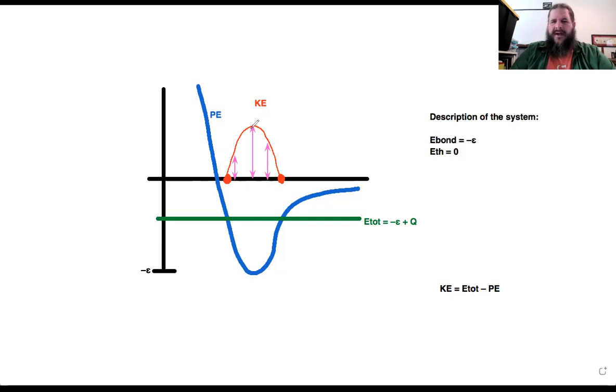And what would be the actual value of the highest kinetic energy? If you actually calculate that using kinetic energy equals E total minus potential energy, what's E total here?